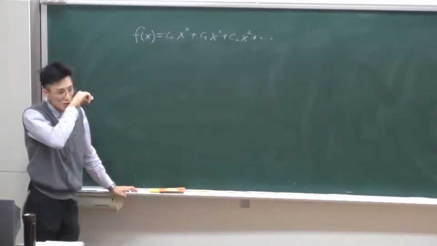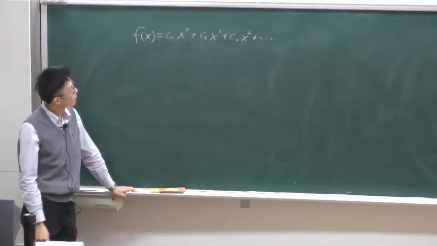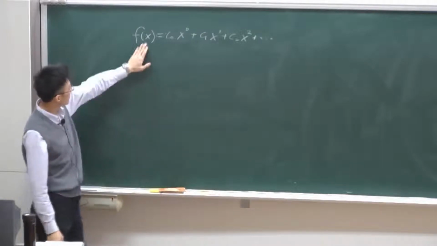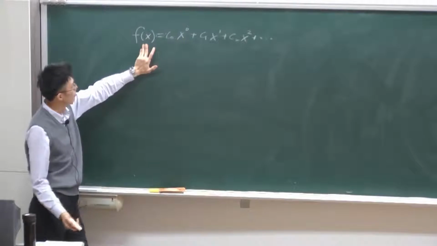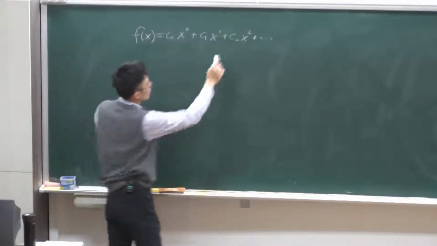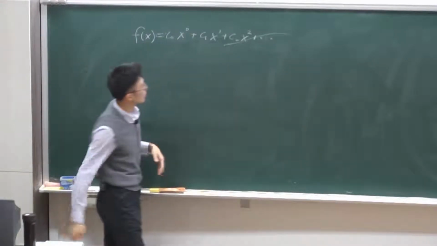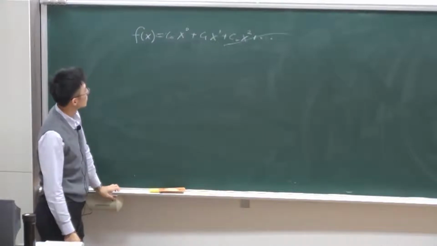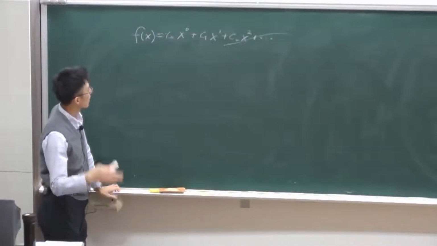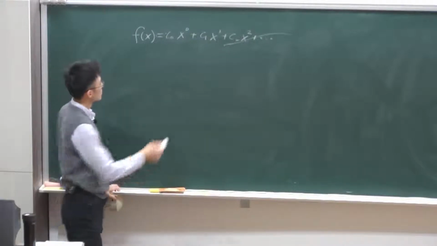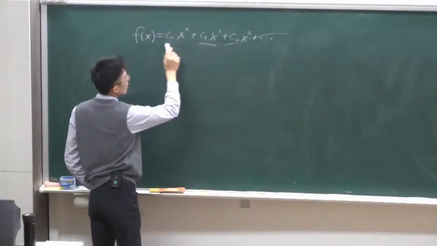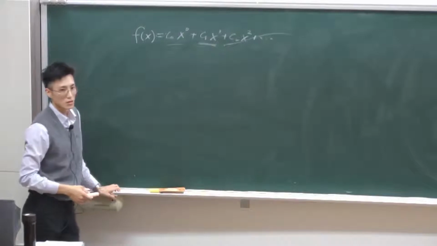Right? Okay. And usually, this can be a nonlinear function, f can be a nonlinear function, right? But usually in the analysis, for simplicity, we negate the high order terms, right? We only consider linear terms and some constant terms.